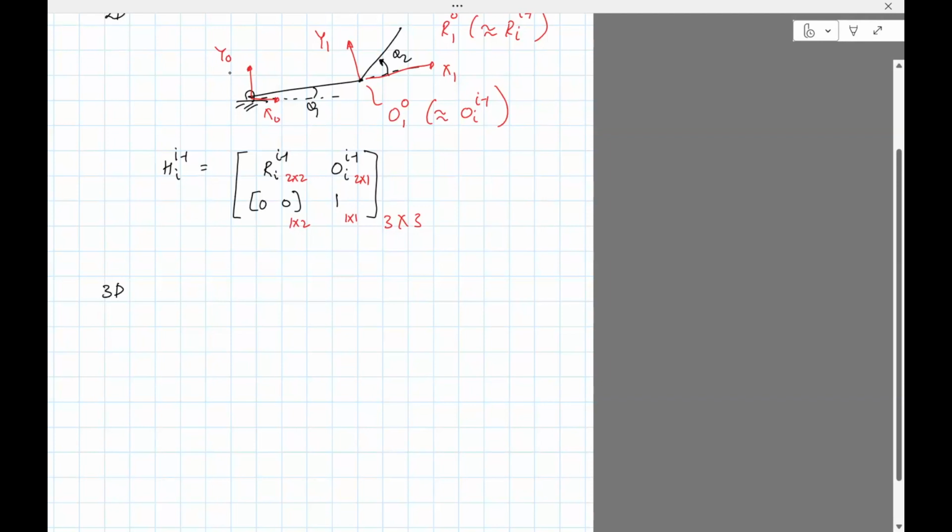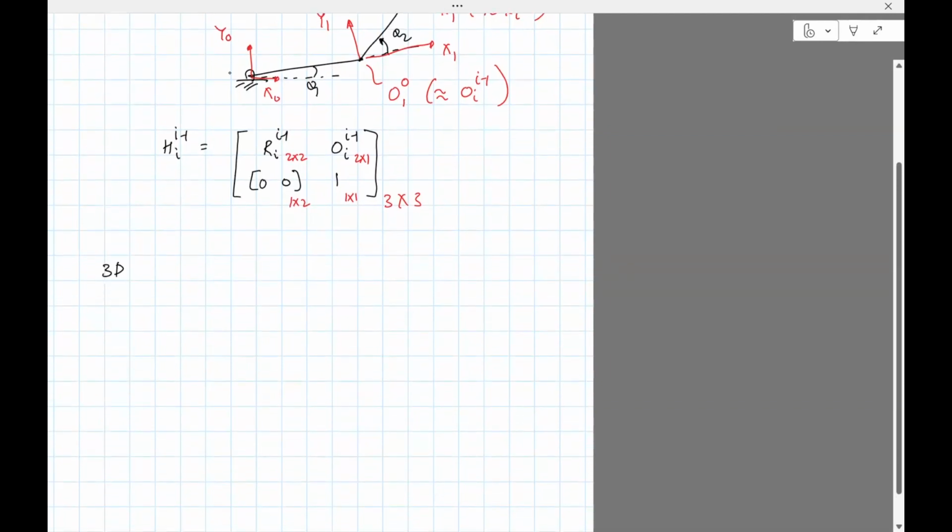In 3D, what we'll do is write R_i, the same thing, but as you'll see, i minus 1, 0, 0, 0, and 1. So now this is 3 cross 3, 3 cross 1, 1 cross 1, 1 cross 3.